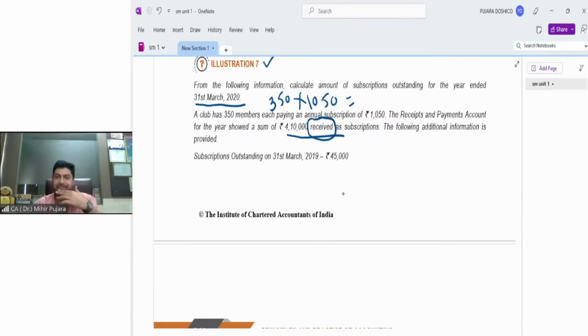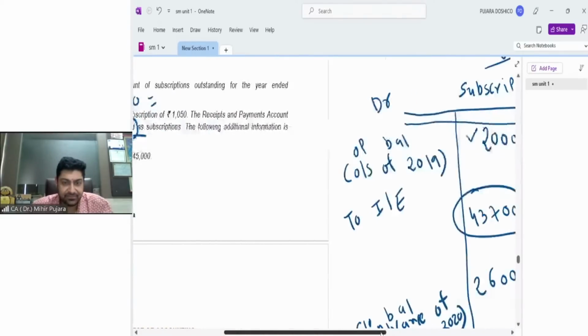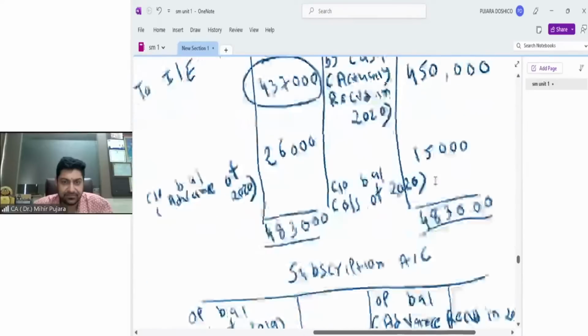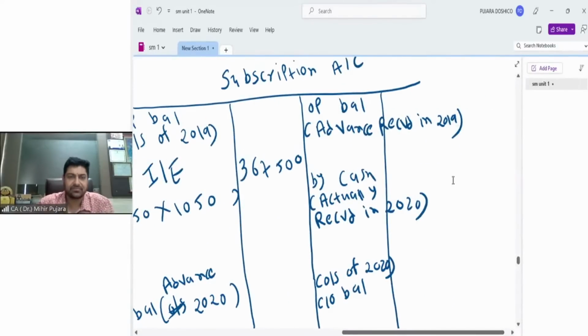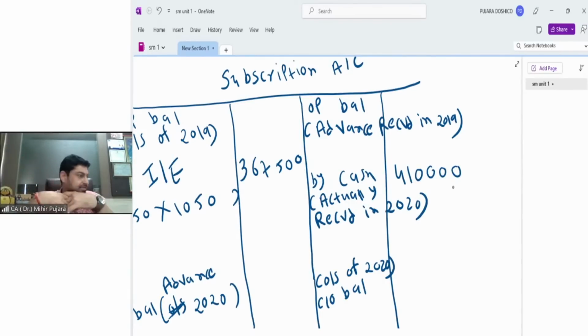Yes, 4,10,000 actually received. Four lakh 10,000 actually received.